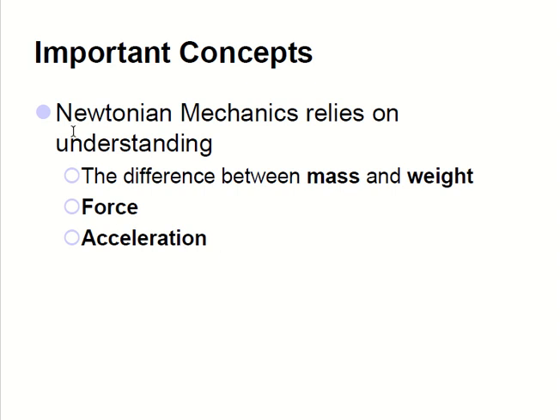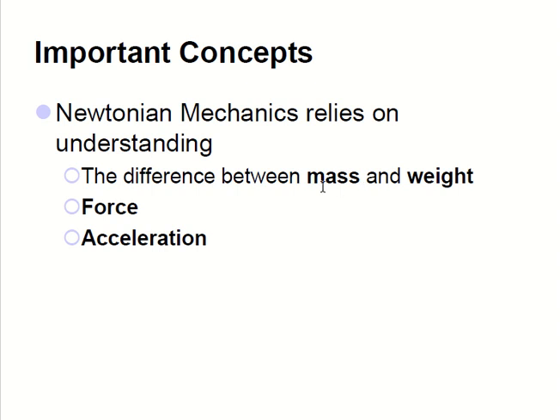So that's a review of Newtonian mechanics, because Newton studied these things, and because of him we know what mass is. At least we can define it effectively: what mass is, what weight is. Defining something effectively means we recognize the difference between these things.